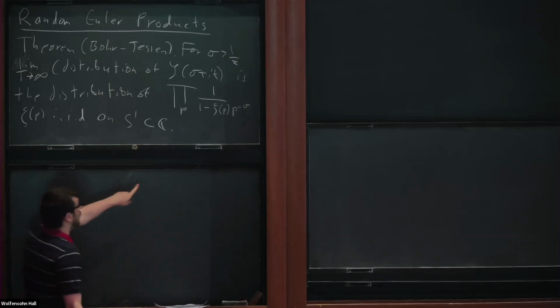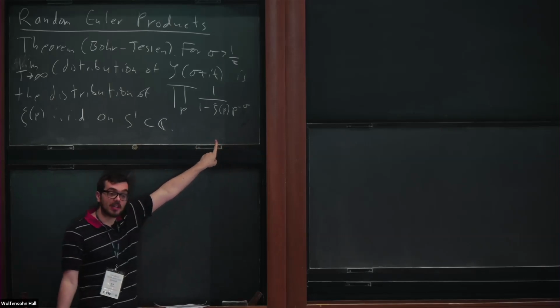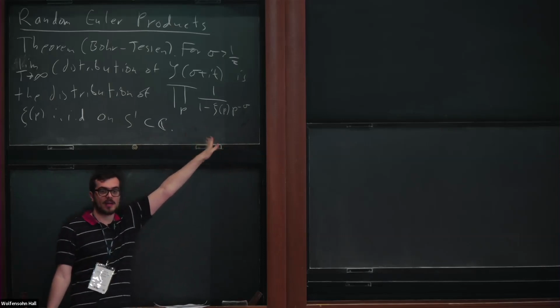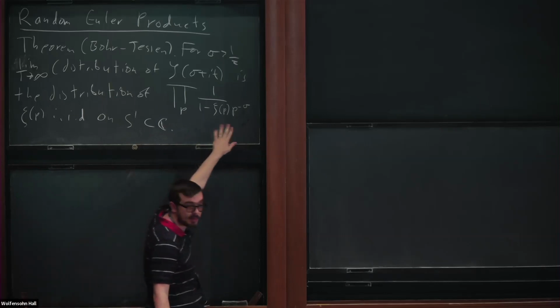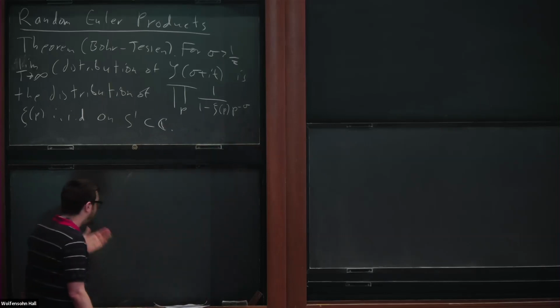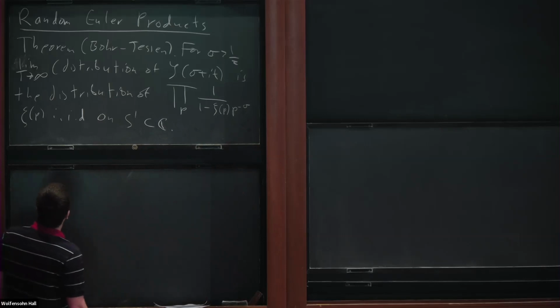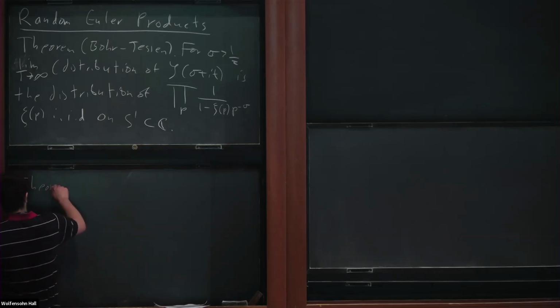And as sigma goes to 1/2, this distribution diverges. There's no random Euler product distribution on the critical line because this product will diverge with probability 1 for sigma equals 1/2. And then on the critical line, there's a result of Selberg.